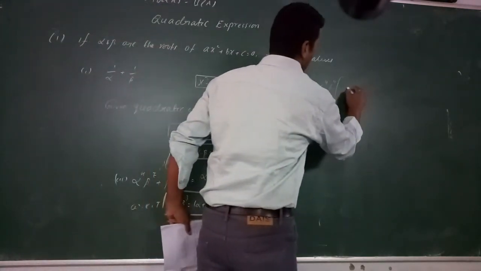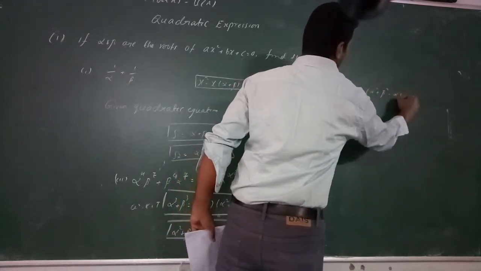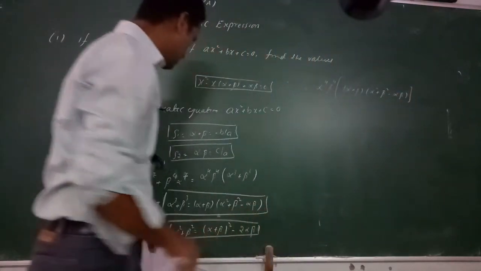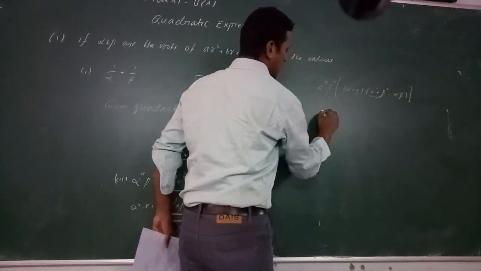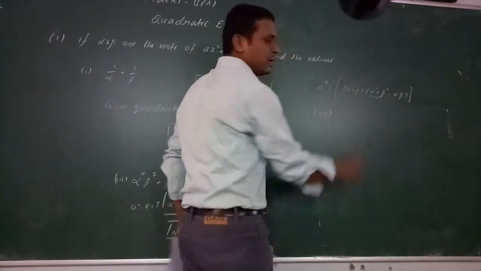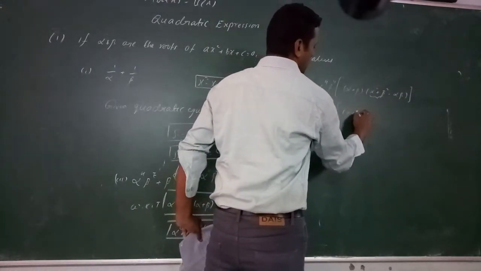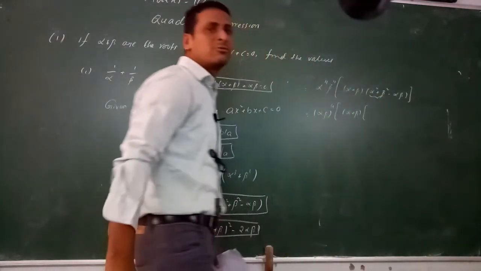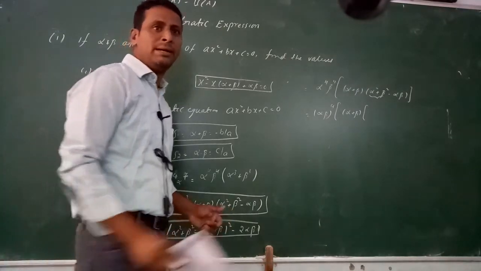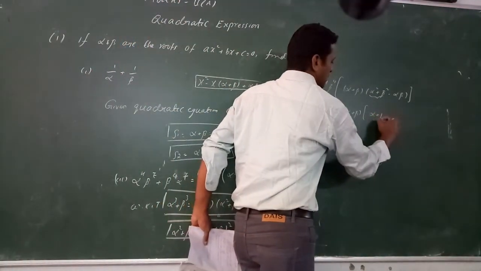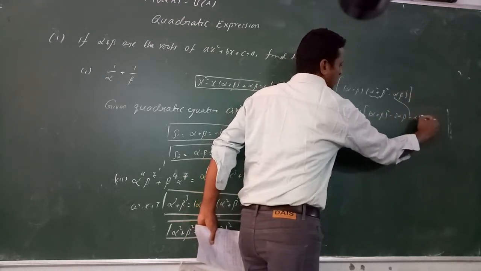This we can write as alpha beta power 4 into alpha plus beta into, alpha square plus beta square is alpha plus beta whole square minus 2 alpha beta, and remaining minus alpha beta.